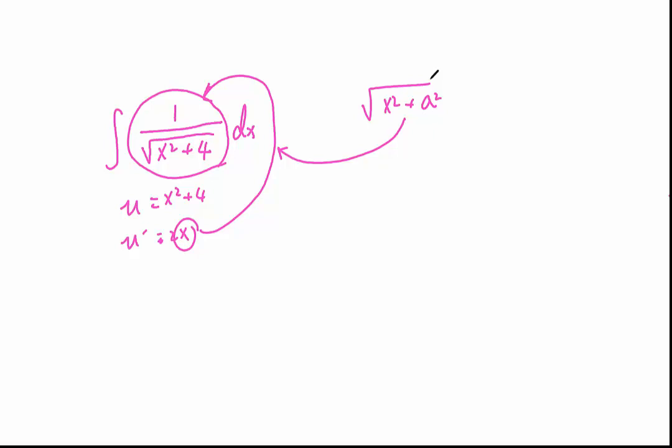Let's do a different one. Since we already did the x squared plus 4 from the first problem, let's change this to be minus 4.